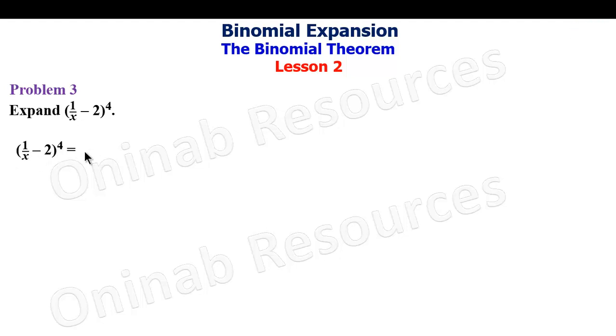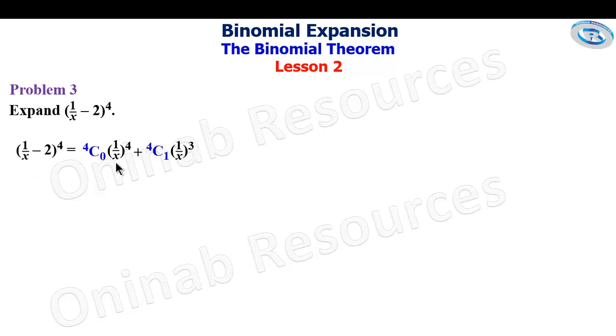So we have our first coefficient to be 4 combination 0. This is 1 over x raised to power 4. Then the second term is not coming in for this, so this is going to give us plus 4 combination 1 over x raised to power 3. You still remember 4 minus 1, we go here.